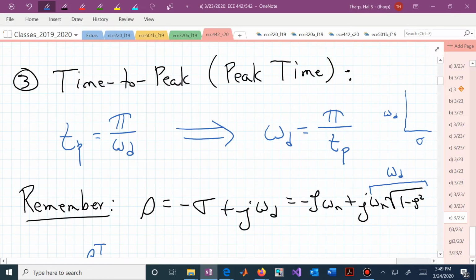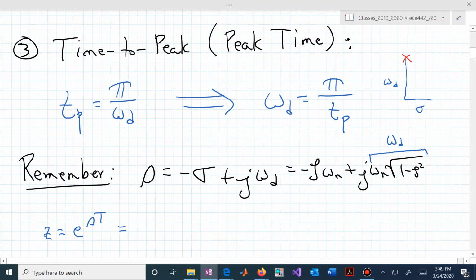If this is our pole location in the complex plane, we are at a distance omega sub n, the natural frequency, away from the origin. If sigma is zeta omega sub n, you can use the Pythagorean theorem: zeta omega sub n squared plus omega sub d squared is equal to omega sub n squared. You can then find that omega sub d is equal to omega sub n times the square root of 1 minus zeta squared.